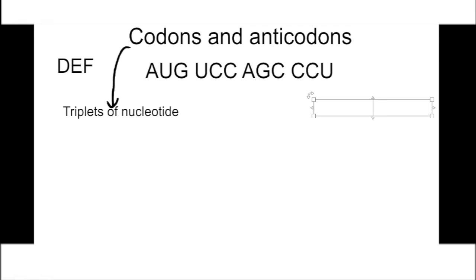Precisely, an anticodon is a triplet of nucleotides in tRNA that corresponds to a complementary codon in mRNA.